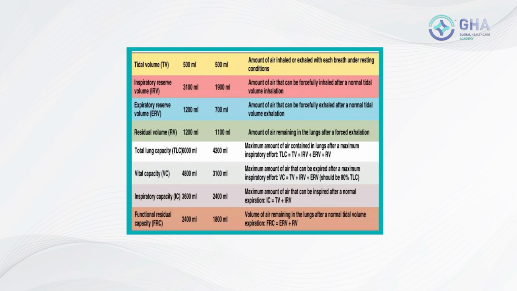It's the amount of air which is inhaled or exhaled with each breath under resting conditions. We have to keep these things in mind because when we are giving mechanical ventilation, it's important to understand the tidal volume and FRC at this level, which will help us in formulating ventilation strategies. FRC is the air which prevents the SpO2 from falling when babies have periodic breathing.